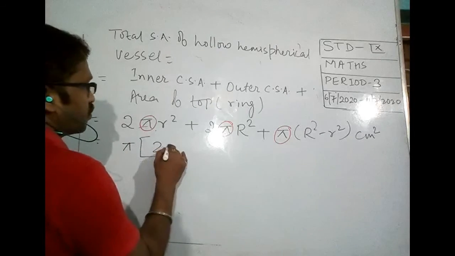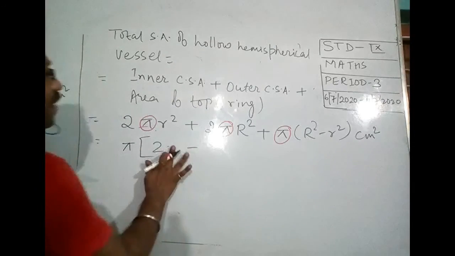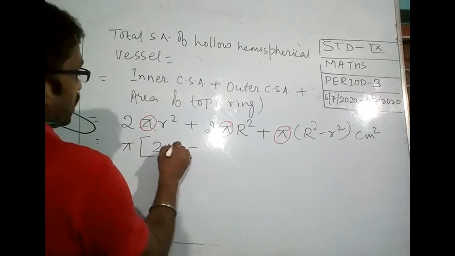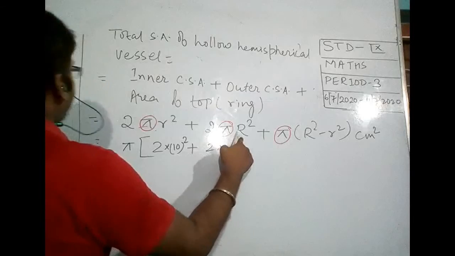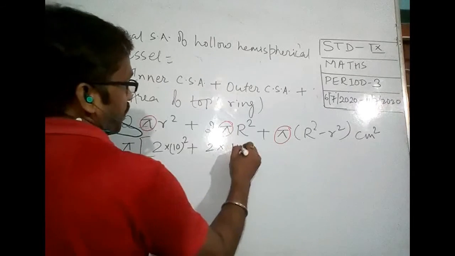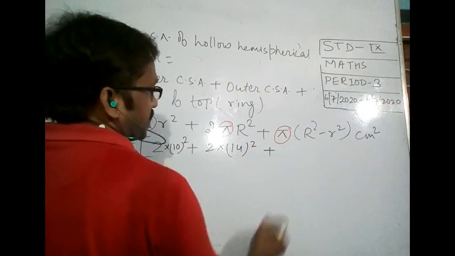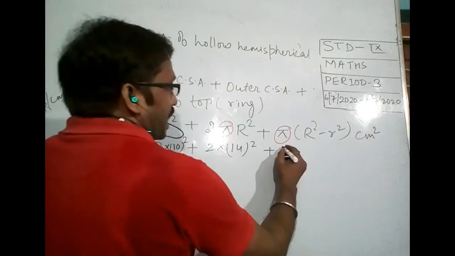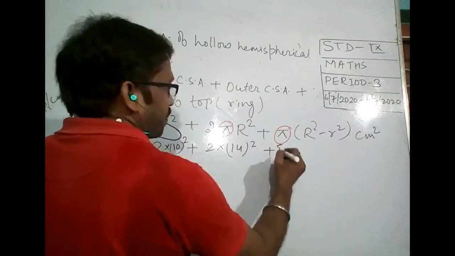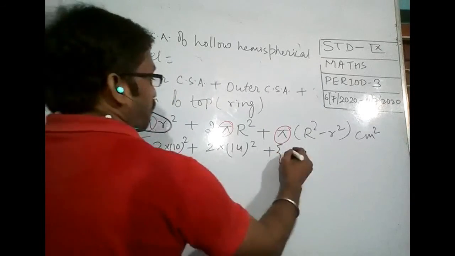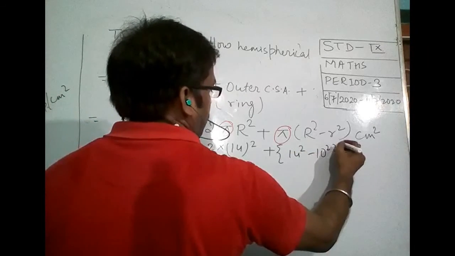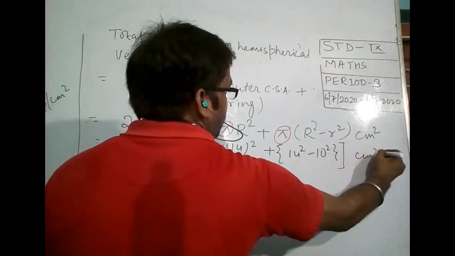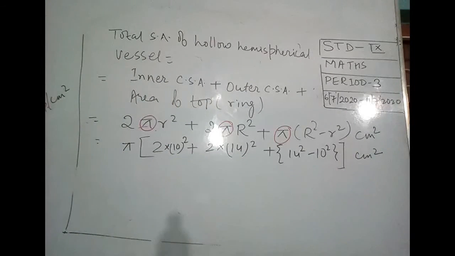Inside will become r square, and what r is given, that is 2 into r square plus 2 into capital R square plus R square minus r square, which is given as 14 square minus r square.